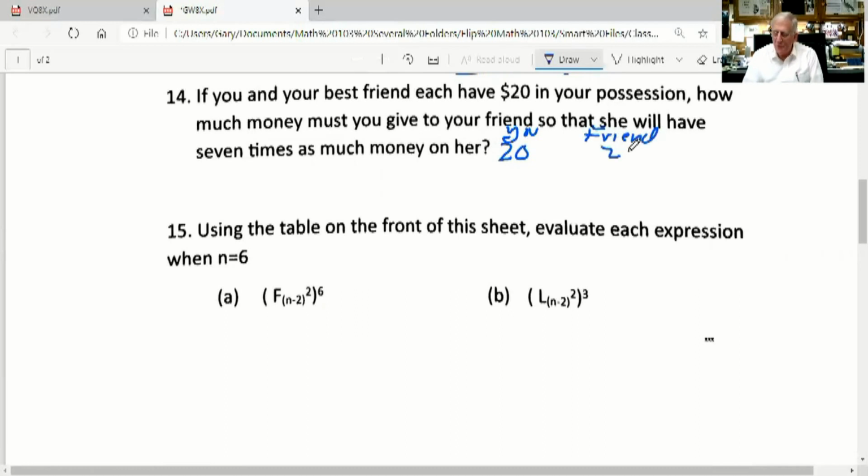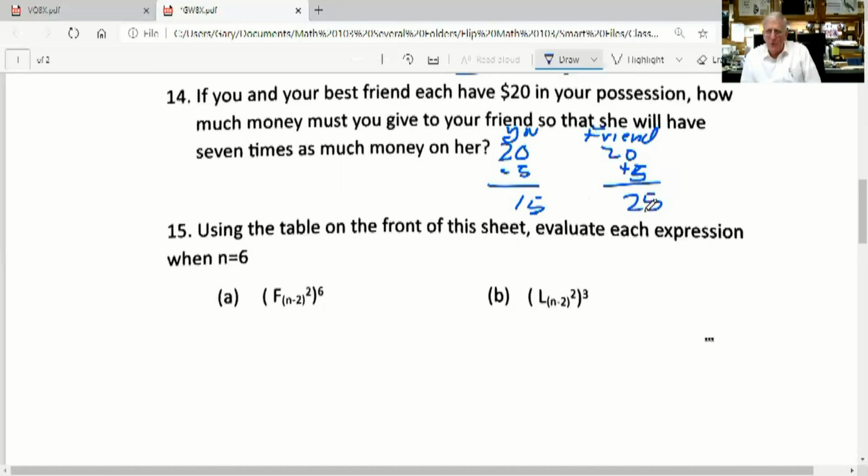You both start with 20 bucks. Well, what if I gave her 5? She'd have 5 more. So now I would have 15 and my friend would have 25. That certainly isn't 7 times $15.